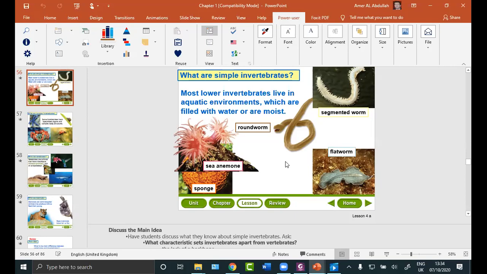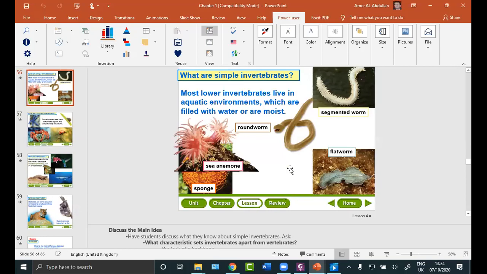Cartilaginous fish, the second class, include sharks, skates, and rays. They have skeletons made of cartilage.